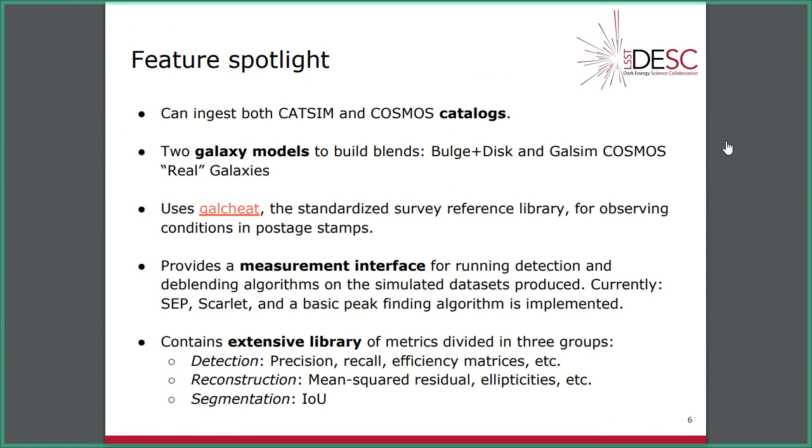And then for survey information and reference, there's Galsheet, which is a tiny Python library that collects survey information from LSST, HSC, etc., and has references. So feel free to check it out. I have a link there. And then we also have a measurement interface, and we also have an extensive library of metrics. That's in the last bullet point. Next slide, please.